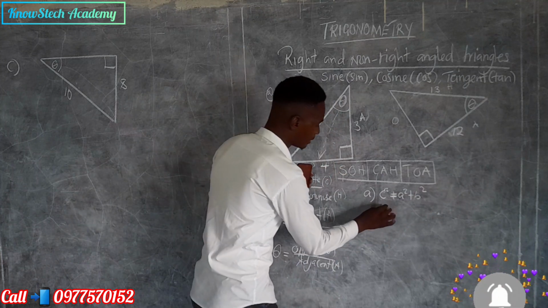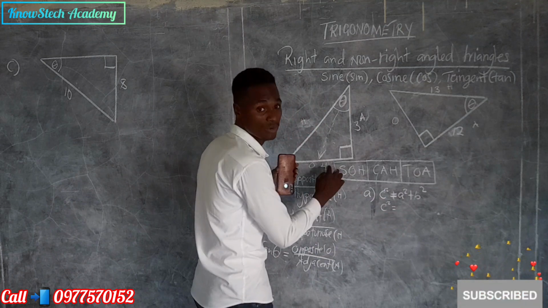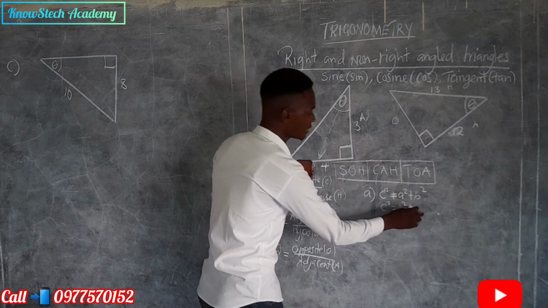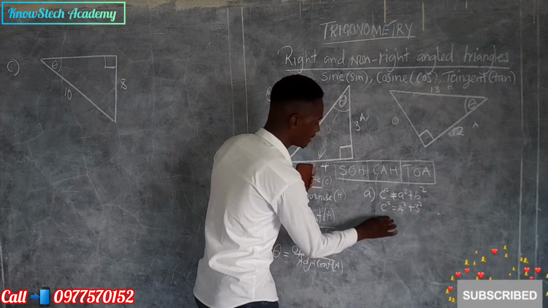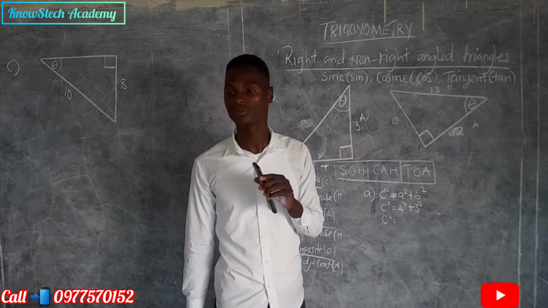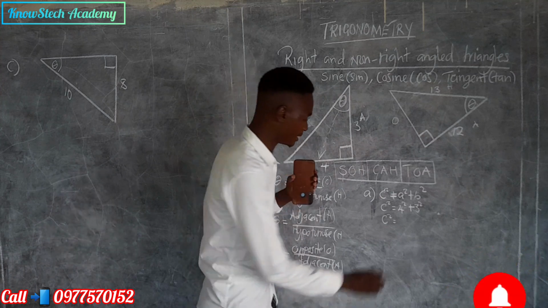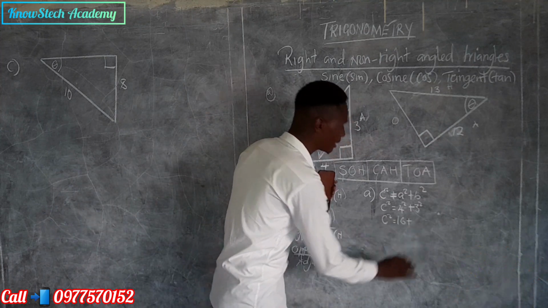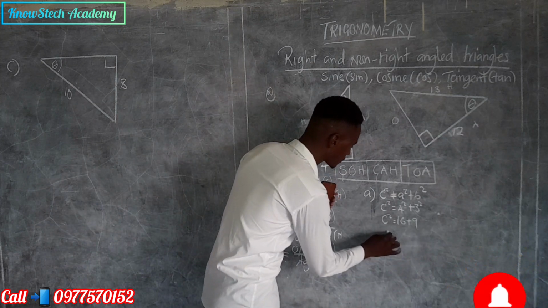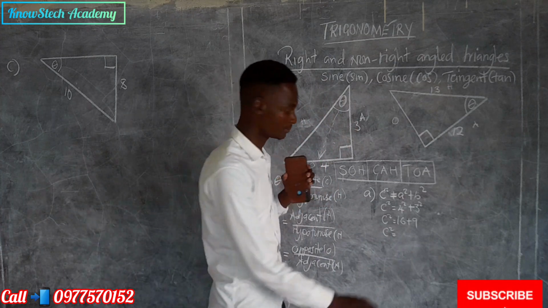We can use any of the two sides: let's get 4 squared plus 3 squared. What is 4 squared? 16. What is 3 squared? 9. So C squared is equal to 16 plus 9.